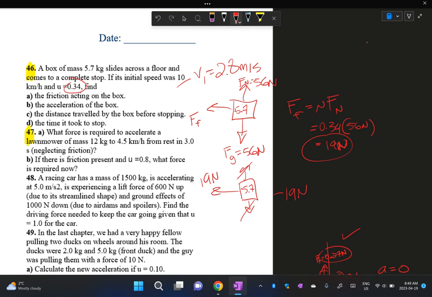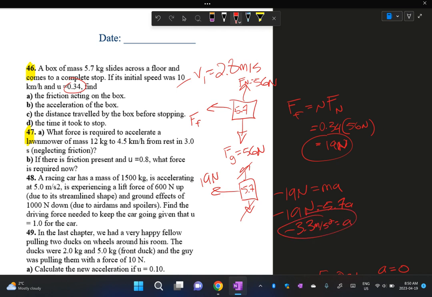So I can just say negative 19 newtons, because it's backwards, is equal to mass times acceleration, or negative 19 newtons is equal to 5.7 kilograms times acceleration. Just do a little bit of light algebra there, and you're going to get negative 19 divided by 5.7, and I get negative 3.3 meters per second squared equals acceleration.